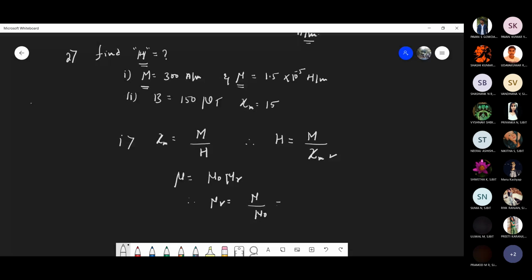So what is the value for mu by mu naught? Mu is given 1.5 into 10 power minus 5 divided by 4 pi into 10 power minus 7, and you'll get a value of 11.94.